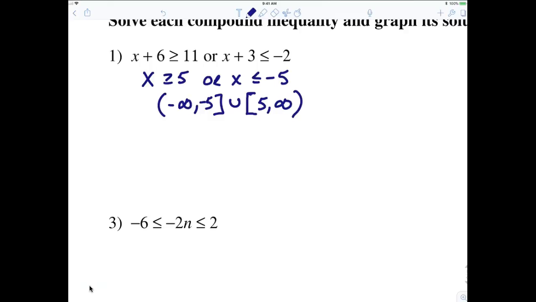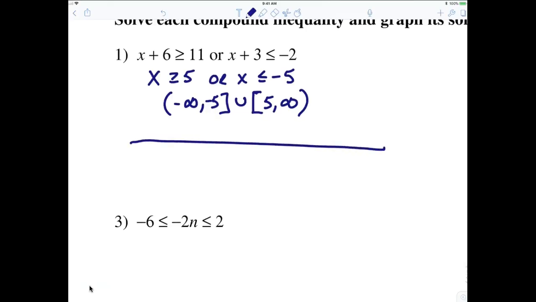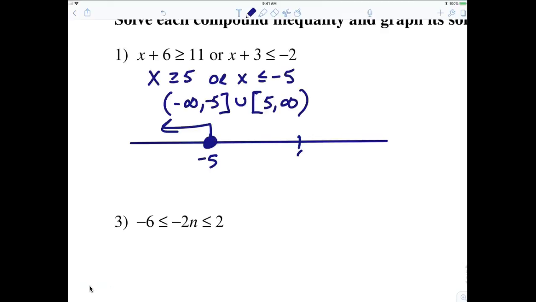So let's say for some strange reason you're not seeing it very well. It's not really a big deal to say this is -5, I'm less than or equal to, and then here's 5, I'm greater than or equal to. Now you can see it better. I go from -infinity to -5, then I go from 5 to infinity.